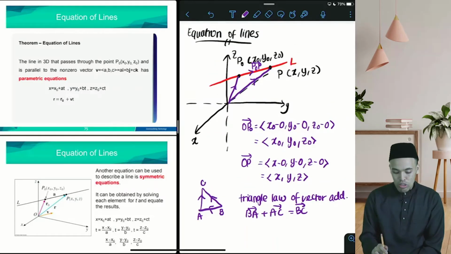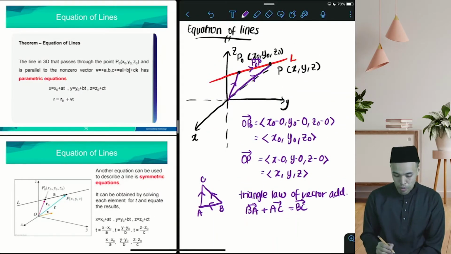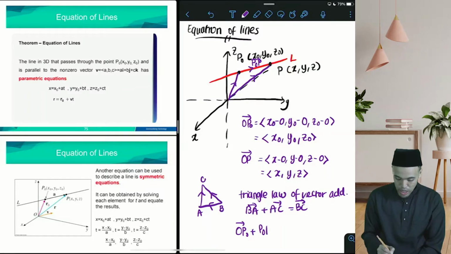By using the same approach, vector OP0 plus vector P0P is equal to vector OP.